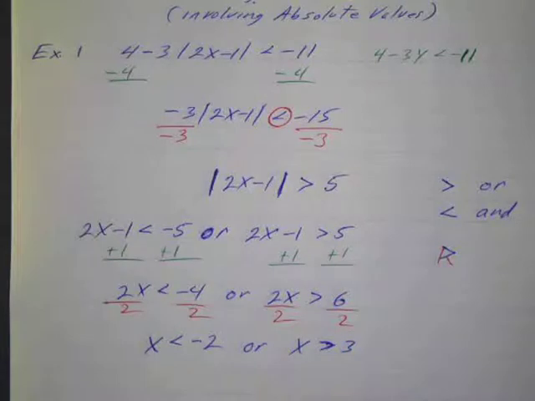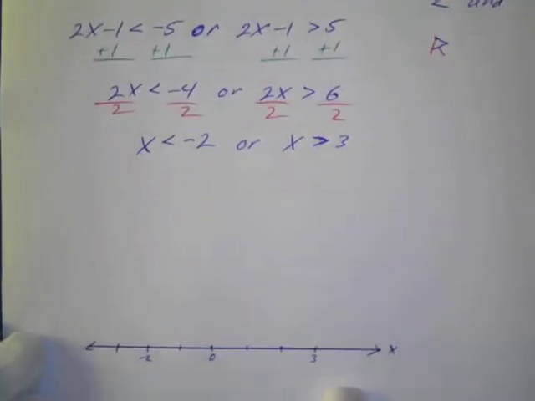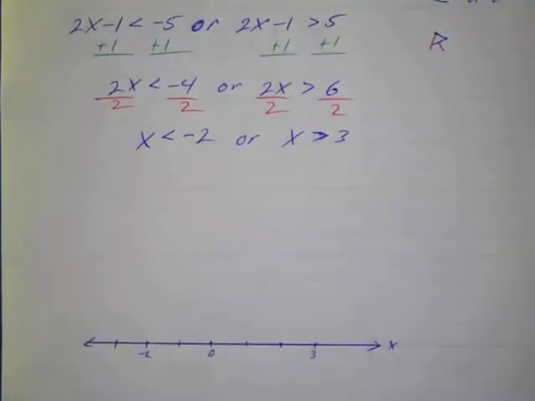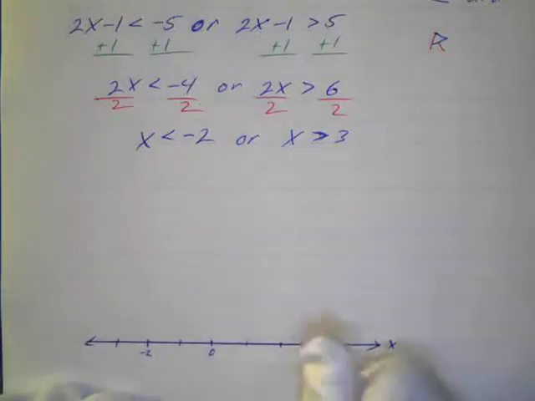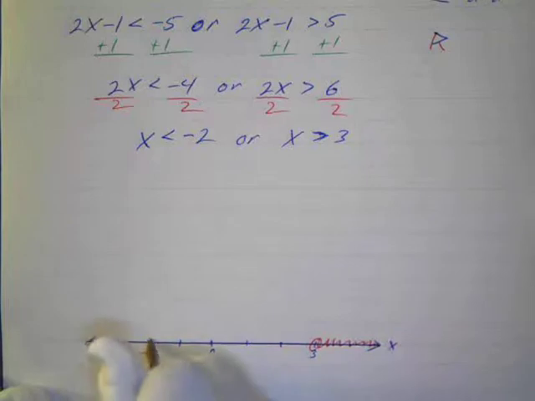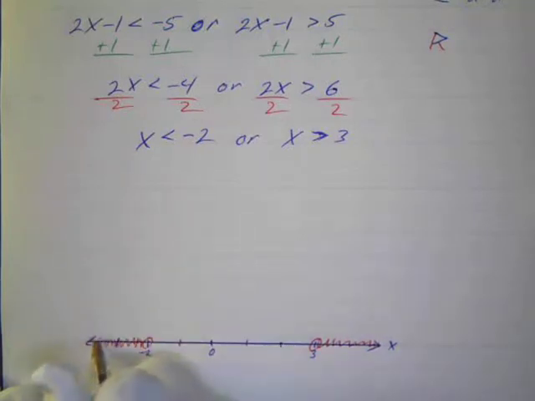Now we can write the solution like that, or we can graph it on a number line, and that's not too difficult. Here's the number line down here. It's greater than, but not greater than or equal, so at 3 I would have an open circle, and at negative 2 I would have an open circle. It's going to be less than negative 2, or to the left of negative 2, and greater than 3, or to the right of 3.